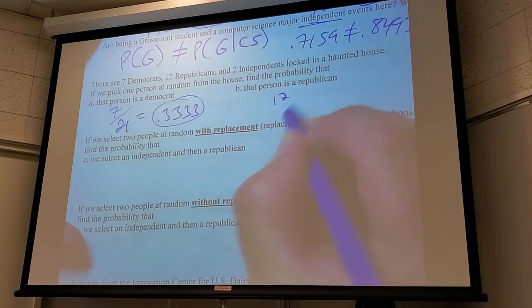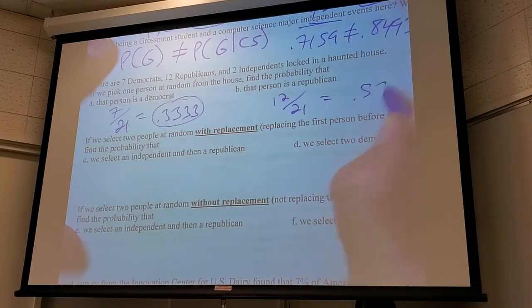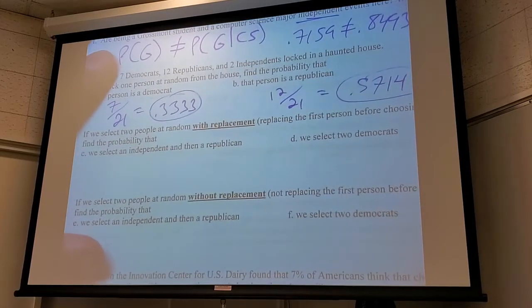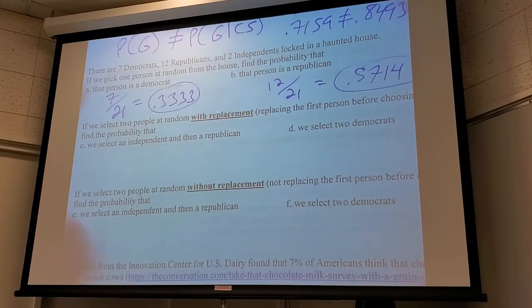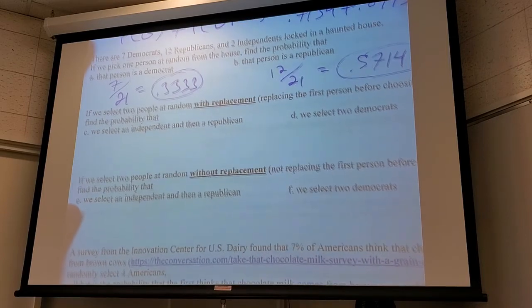Yeah, I'm sorry, I got to catch up here. It's 12 out of 21. It's 4 out of 7, which is 0.5714. Now that one, I just have my divided by 7 sort of memorized. Because that's what math people do. We're exciting people.